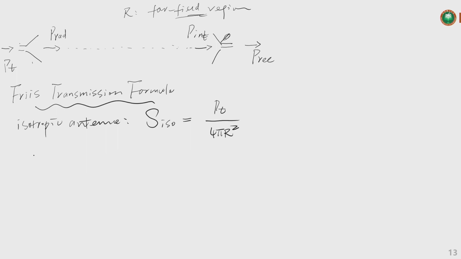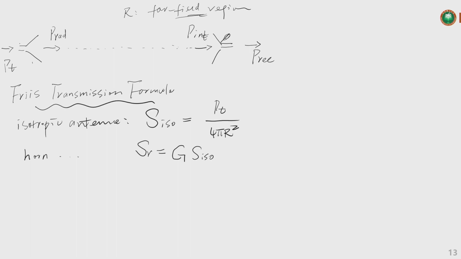But for the horn antenna, we know its received power density equals the isotropic power density times the gain, related to the isotropic antenna.